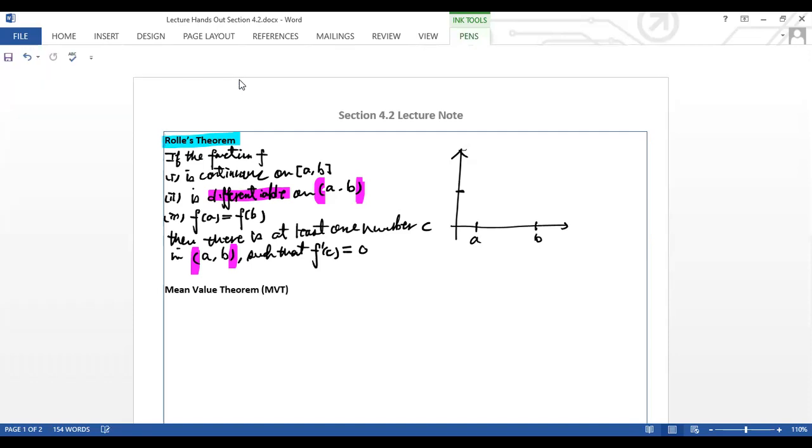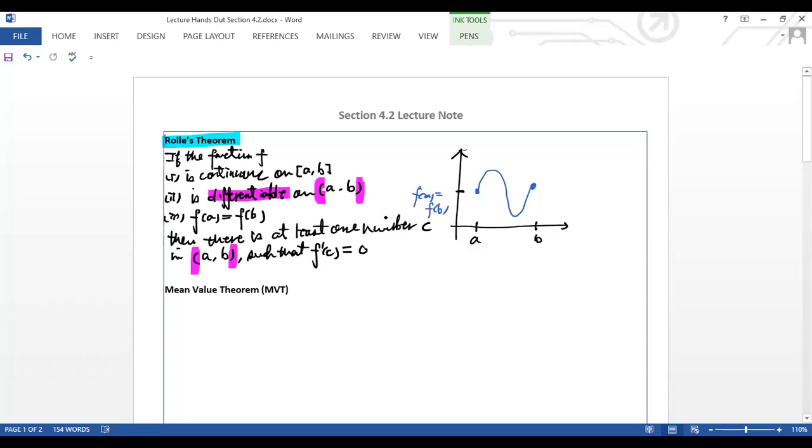If I have a function that is continuous from a to b and also differentiable on a to b, and let's say f(a) equals f(b), then this point is f of a and it is also equal to f of b.